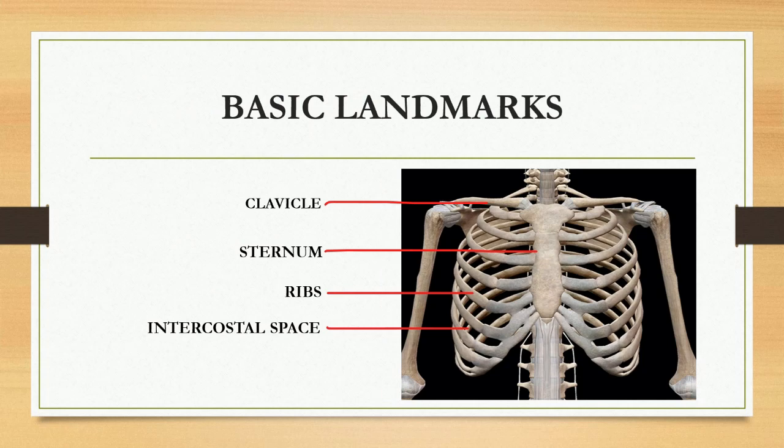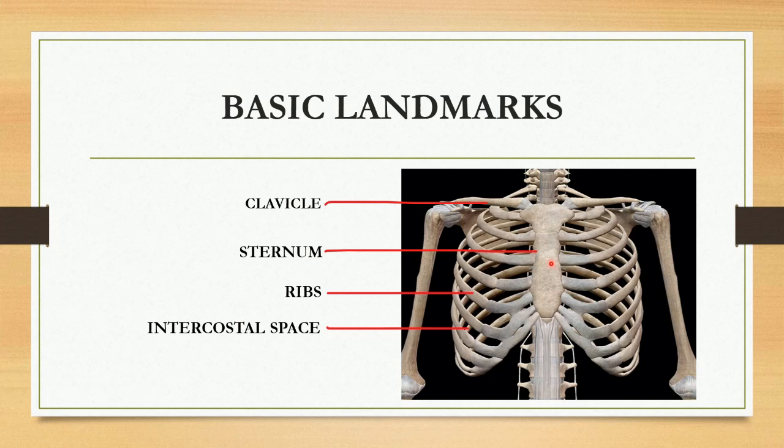Before moving on to the placement of ECG leads, let's have a look at the basic landmarks of the chest. First one is the clavicle, also known as the collarbone. It is a thin bone that runs from your sternum to your shoulder blade. Second one is the sternum.